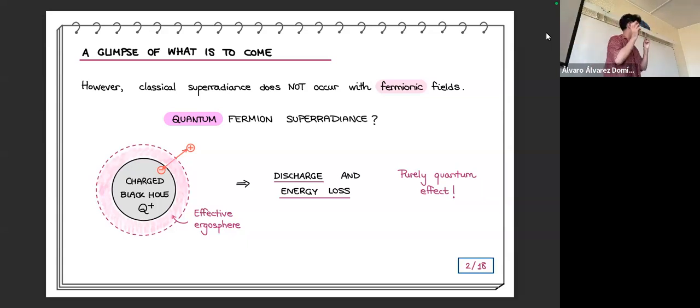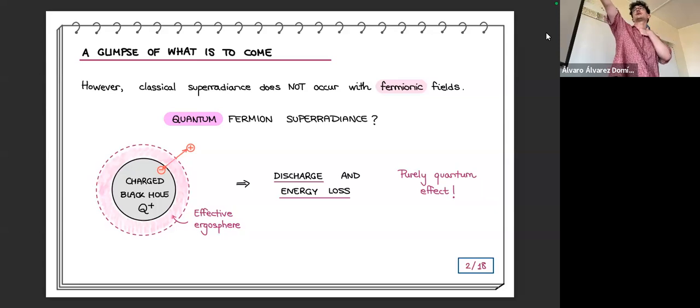The physical idea is very simple. Charged black holes have an outer event horizon, and close to this event horizon we have a region called the effective ergosphere, in a similar way, in some sense, to the ergosphere of Kerr black holes. In that region we are going to have pair creation: particles and antiparticles that are created and emitted.